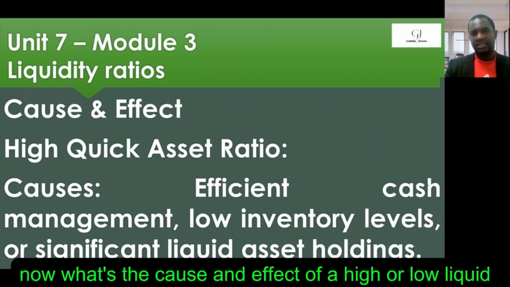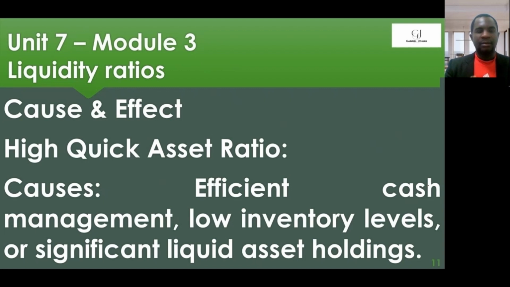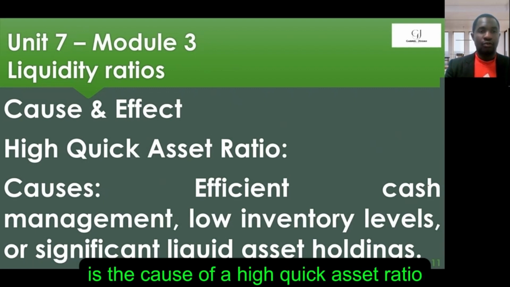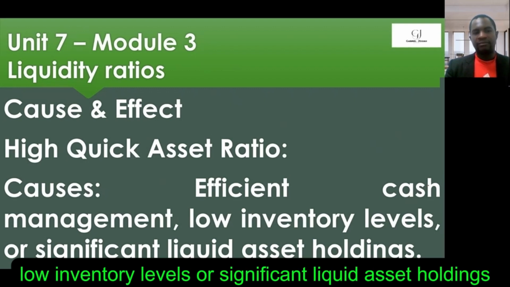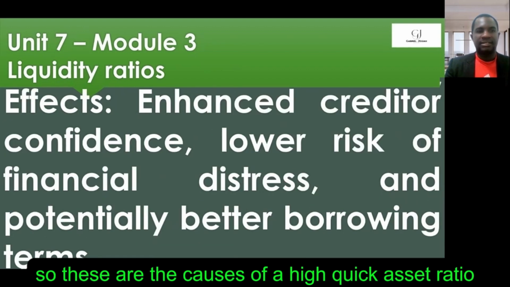Now, what's the cause and effect of a high or a low quick asset ratio? The cause first: efficient cash management is the cause of a high quick asset ratio, low inventory levels, or significant liquid asset holdings. So these are the causes of a high quick asset ratio.